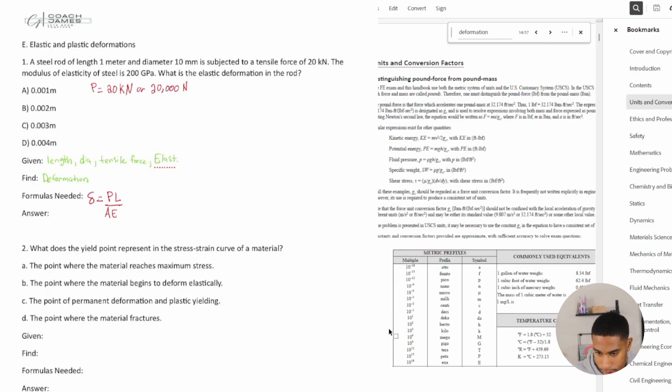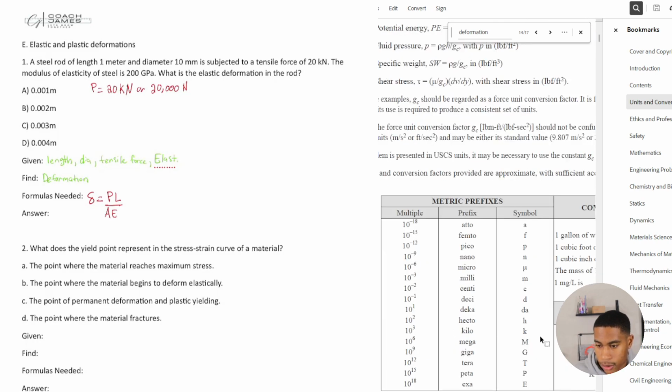And we know that kilo is times 10 to the 3. So that's all I did. I said kilonewtons is 20 times 10 to the 3, or 20,000 newtons. Cool. So L is equal to, what's the length? 1 meter.